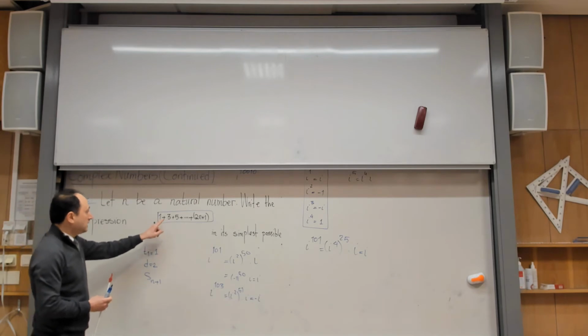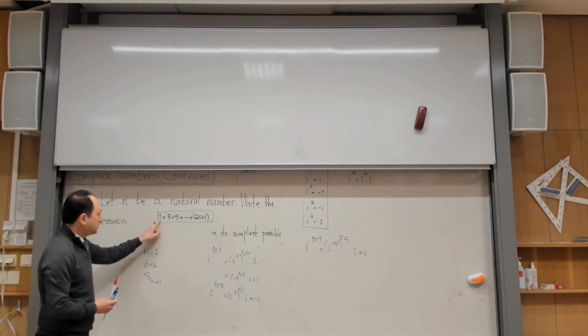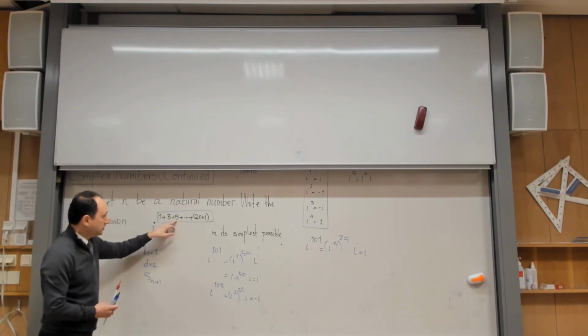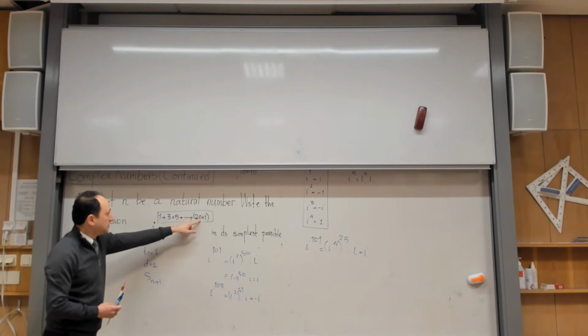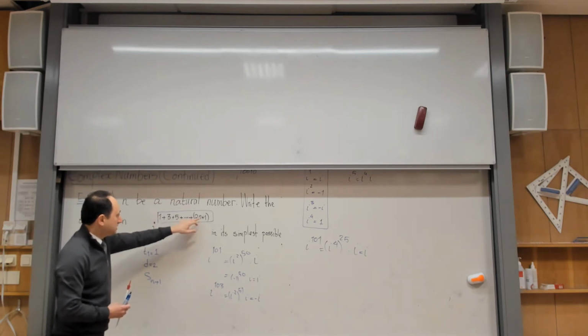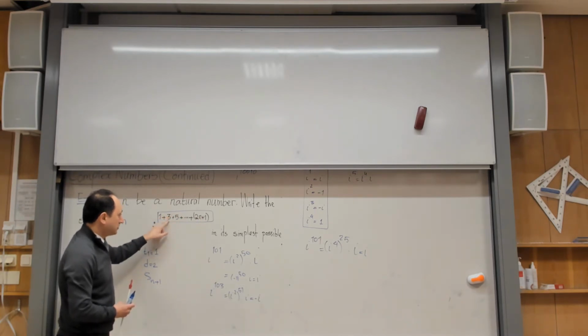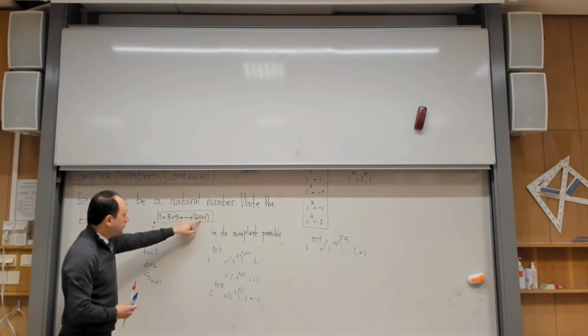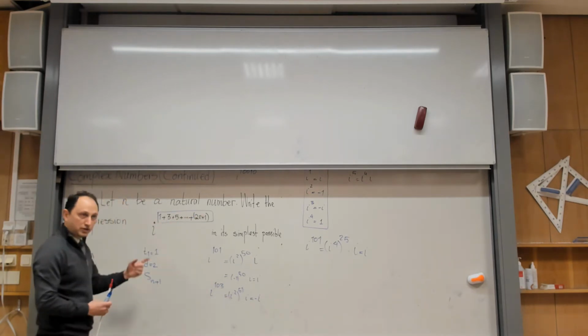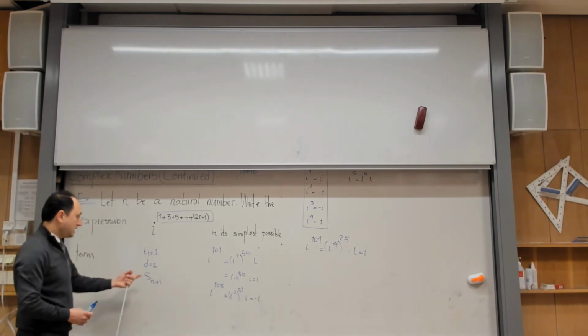You see, when I get the first term, n is 0. 0 gives the first term. 1 gives the second term. 2 will give me the third term. So this is n plus 1 terms, not n terms. So that is S(n+1).